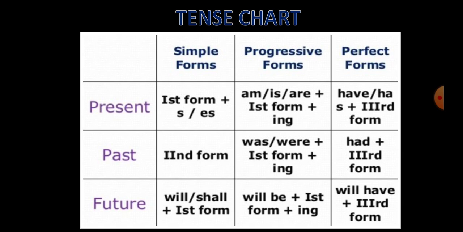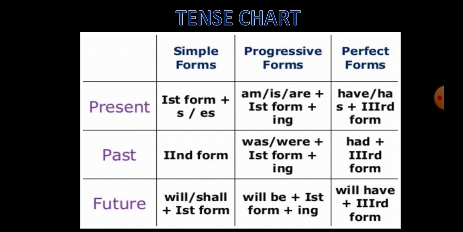Now after she, what do I need to add? I need to add the first form of verb. So I take eat. She eat. Now after that we have to add either s or es. So with eat, what do you think will come? Yes, s will come. So it will be she eats apple, right?